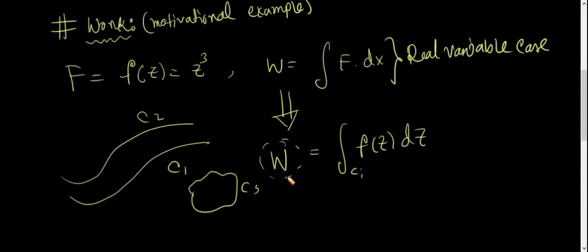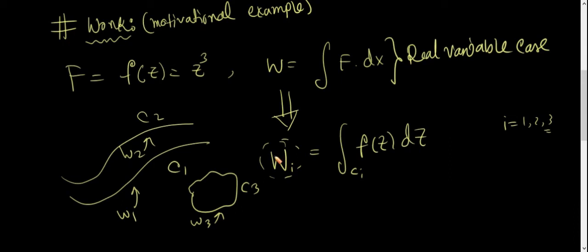By Ci I mean I can take values like 1, 2, 3, and W1 will correspond to C1, W2 will correspond to C2, and W3 will correspond to path C3. So this means that this quantity that you are interested in, that is the work, is dependent on the path that you choose to evaluate. So that's why we want to deal with these contour integrals.